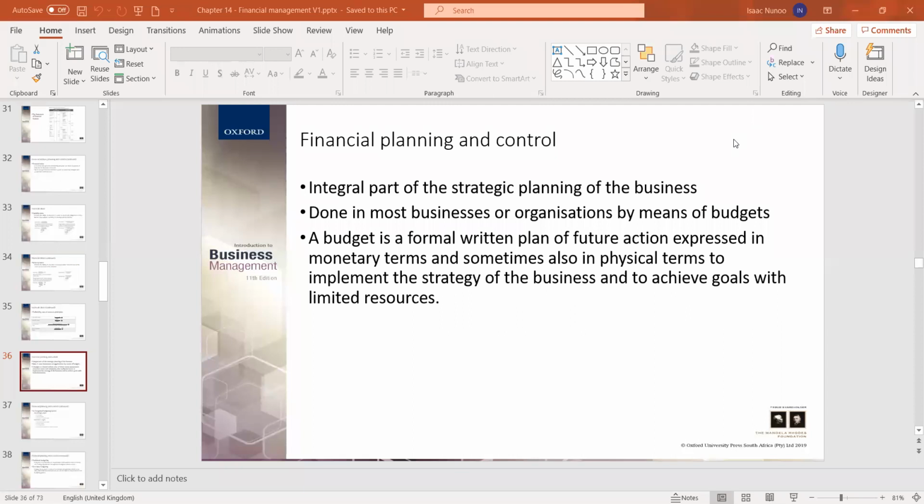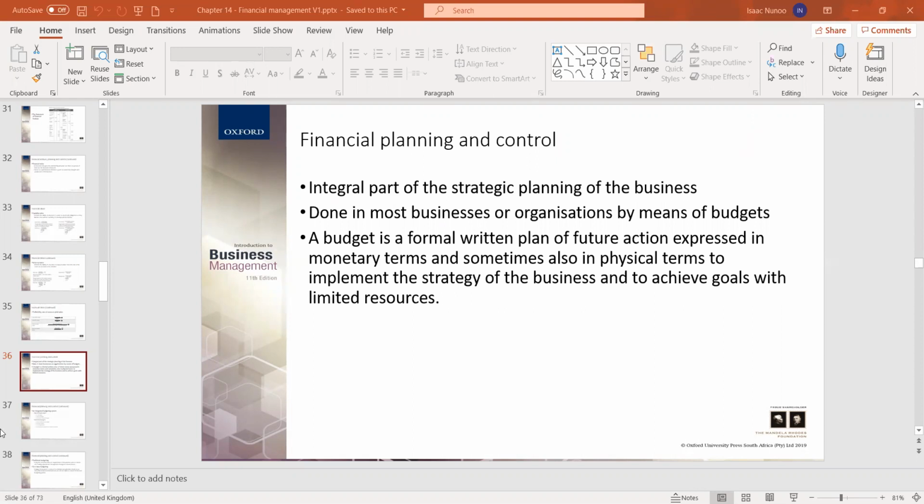One major responsibility in terms of financial management is strategic planning, and how companies strategically position themselves in order to plan. They do this by means of budgets. A budget is a formal written plan of future action expressed in monetary terms, and sometimes also in physical terms, to implement the strategy of a business and to achieve goals with limited resources.